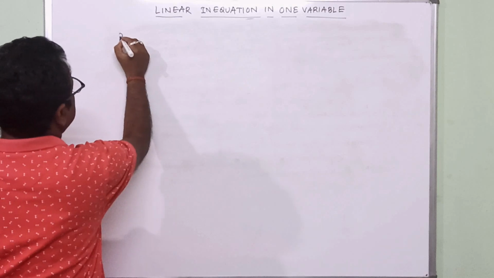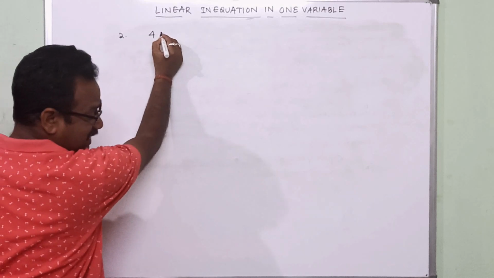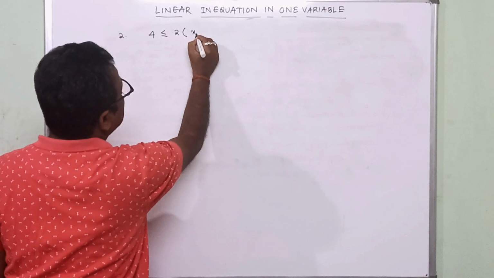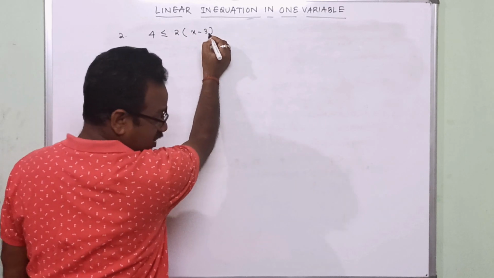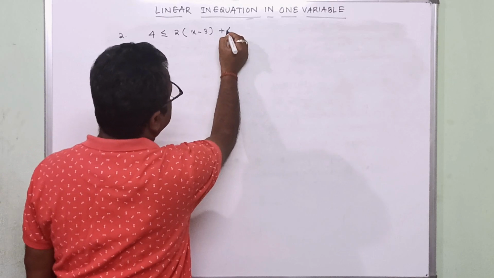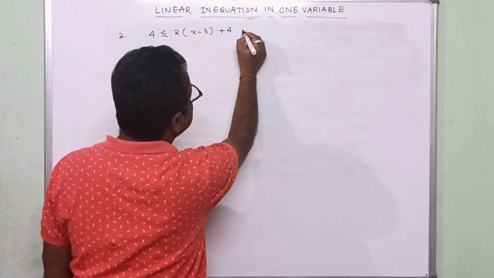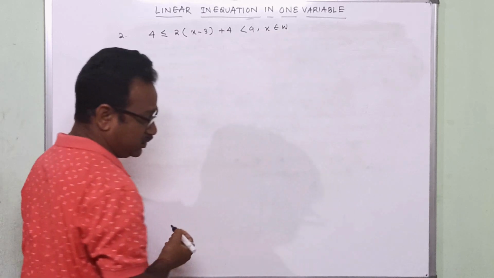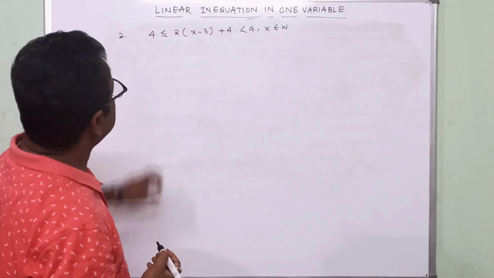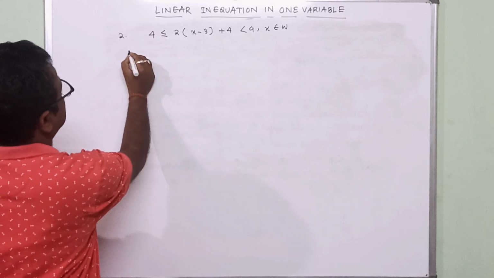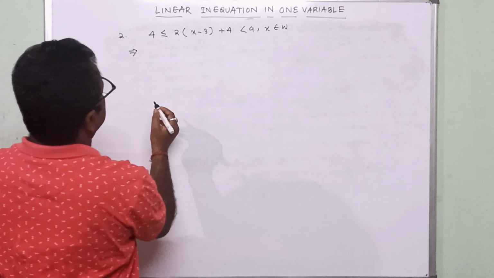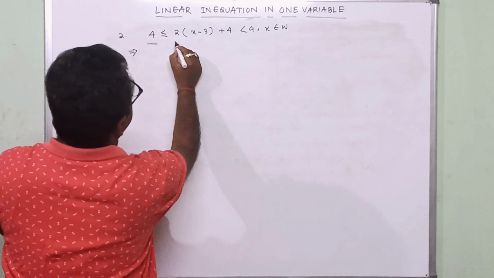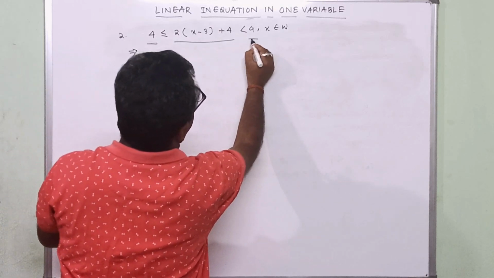Question number 2: 4 less than or equal to 2 into (x minus 3) plus 4, and less than 9, x an element of W. Now that implies, here this is the first part, this is your second part, this is your third part.